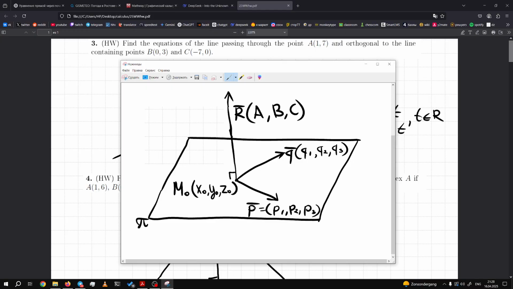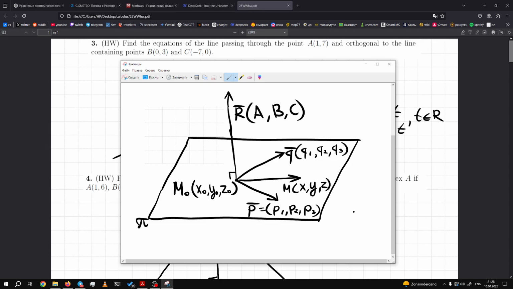It doesn't matter how you write it; you may write this symbol or not. And also you have M with these coordinates.